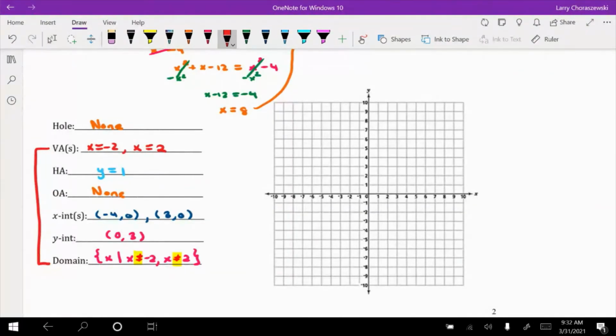Going from top to bottom, the first piece of information we can sketch out is the vertical asymptotes. These vertical dashed lines are going to cross the x-axis at -2 and +2. We also have a horizontal asymptote, which is going to cross the y-axis at y equals 1.